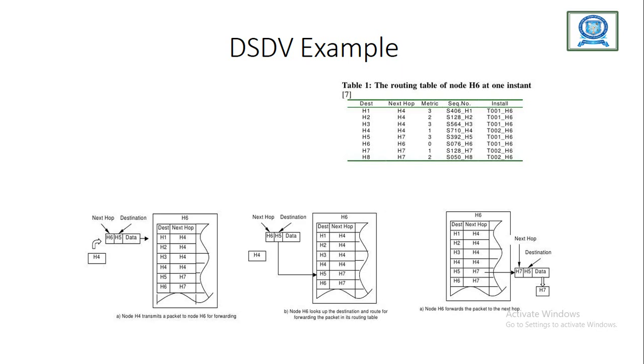Now H7 receives the packet, and the H7 routing table shows that the destination H5 is matched. So the packet is given to node H5. This H5 node checks the destination address, the destination address is matched, so it opens the packet and receives the data.